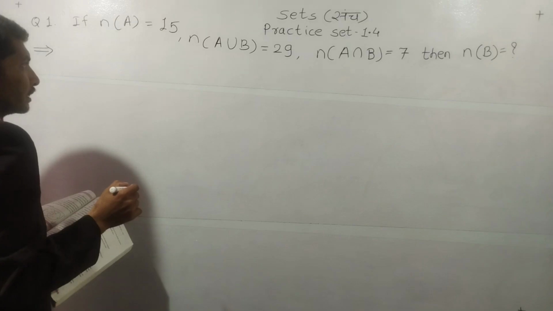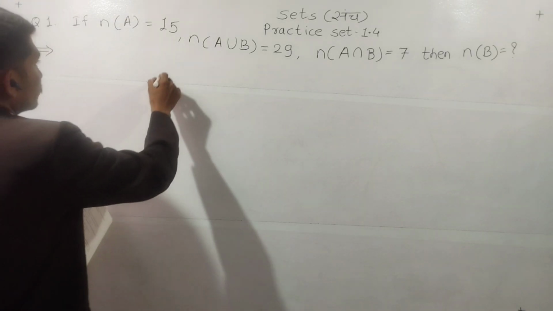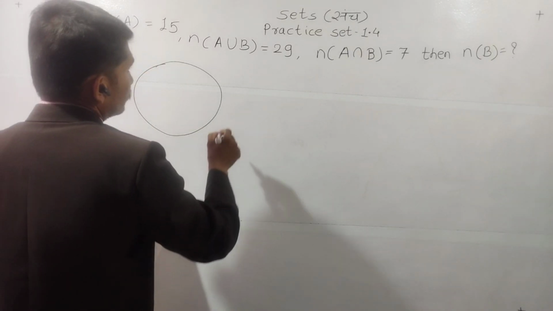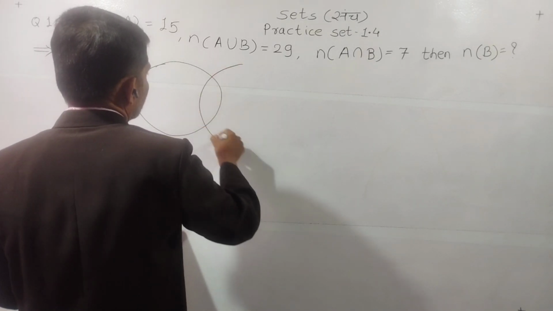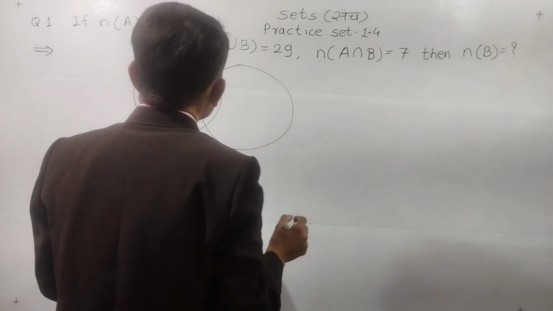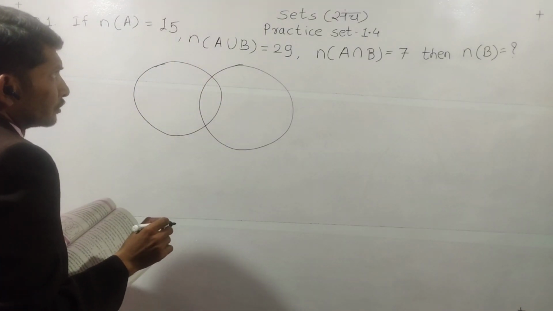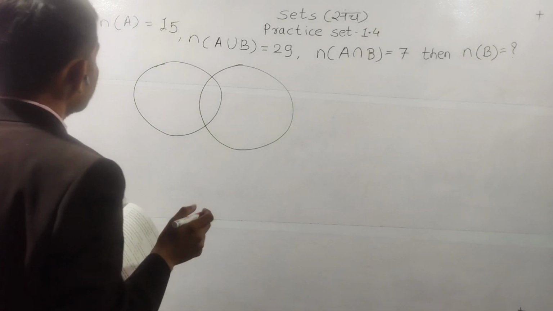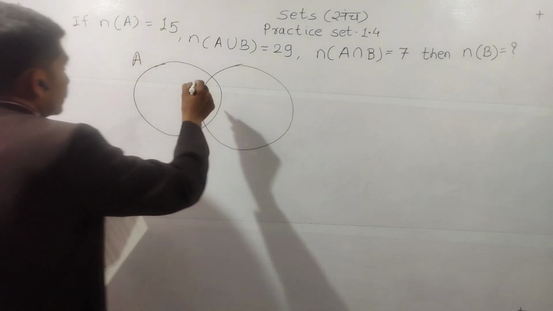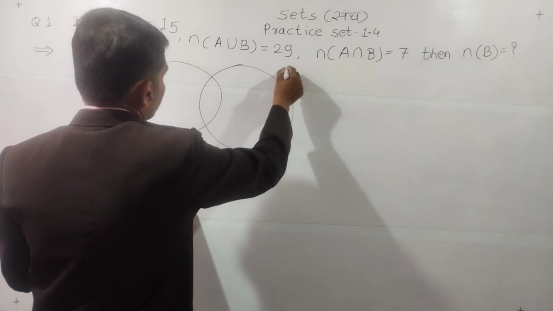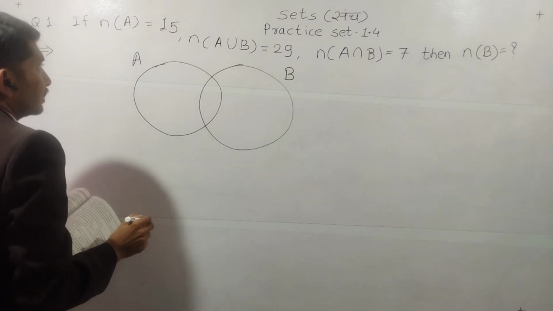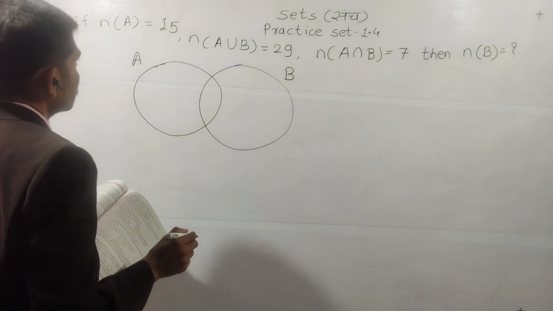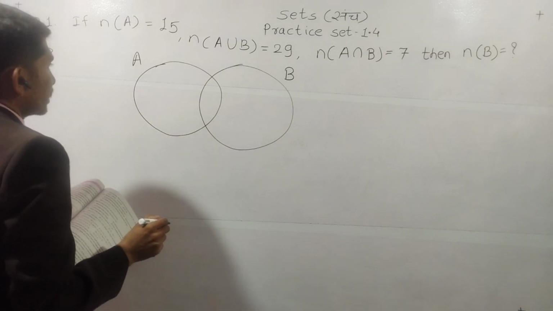We will solve this example by using the Venn diagram. So first of all, we will draw two sets. Okay, so first of all, we have to write down the numbers present in set A. We will give this set the name A and we will give this set the name B. So in the first set, we have to write down the elements which are present in it.